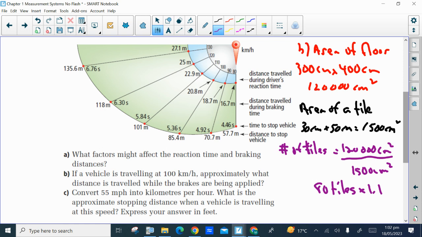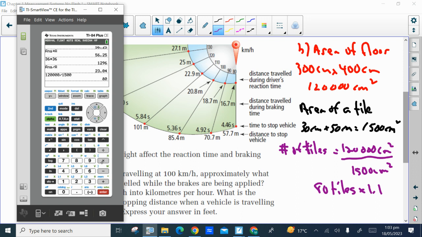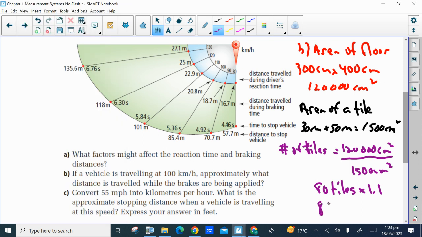So you can multiply by 0.1 first if you wanted to, and that would give you 8, which you'd add to the 80. Or we can do it in one step, again, by multiplying by 1.1. The 1 refers to 100%, all of the 80. The 0.1 is 0.1 more, or 10% more. Either way, you're going to get 88 tiles with the extra 10%.